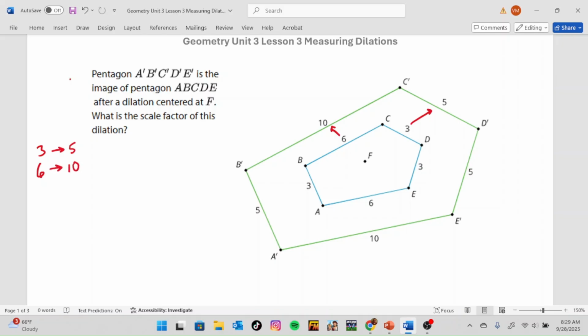So if you want to find the scale factor, what we do is we take the new measurement and we divide it by the original measurement.